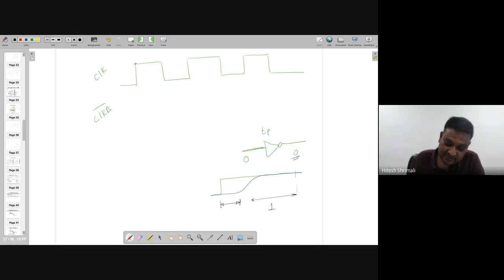So in that case, if you have clock and clock bar created by such a structure, what are you going to see? You are going to see as follows.